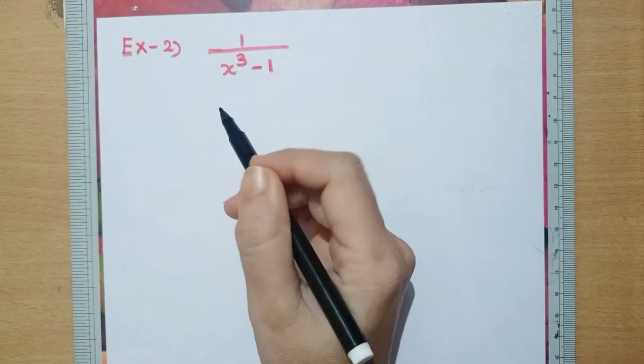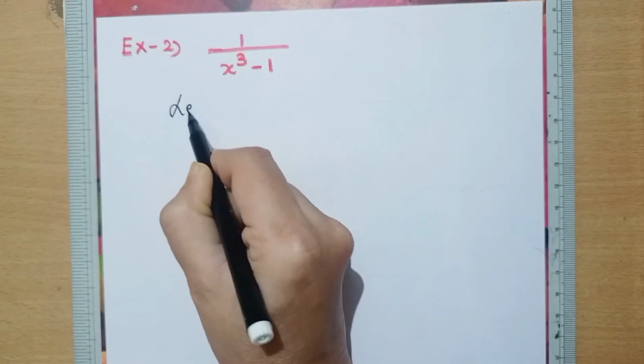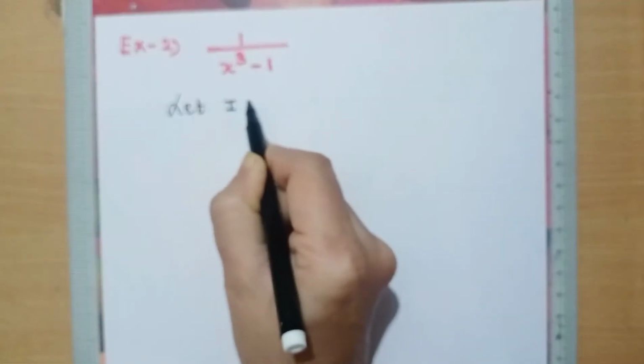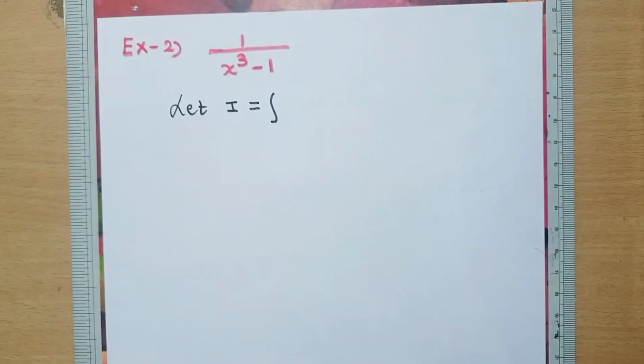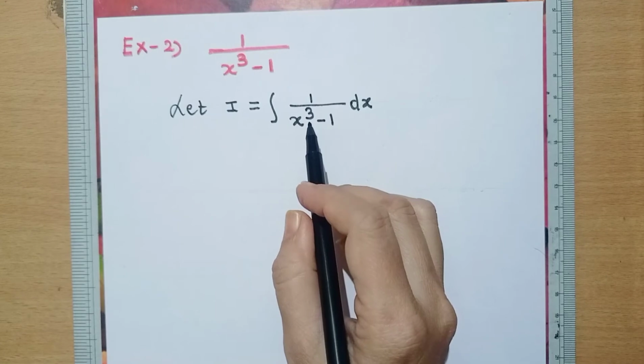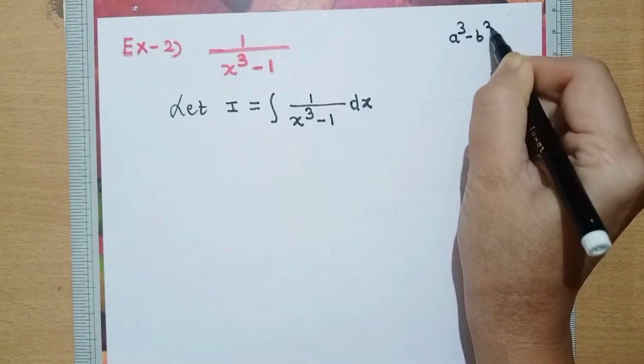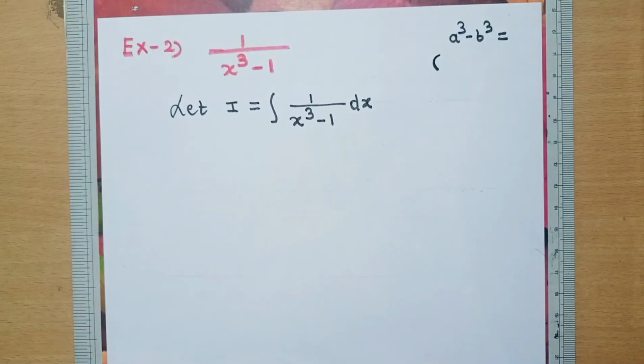This is our second example, and again our first step is, let I is equal to the integration of this function, and again this integrand is in the form a cube minus b cube. We will factorize this.